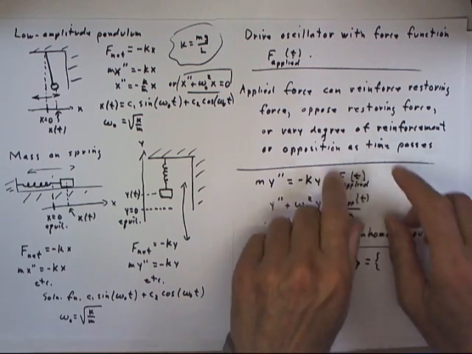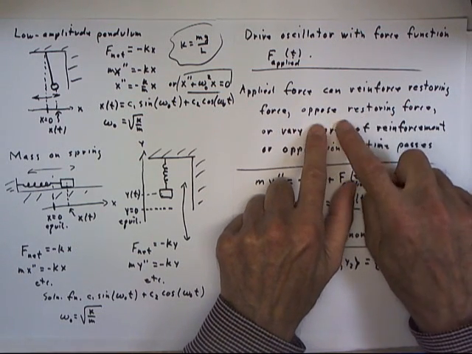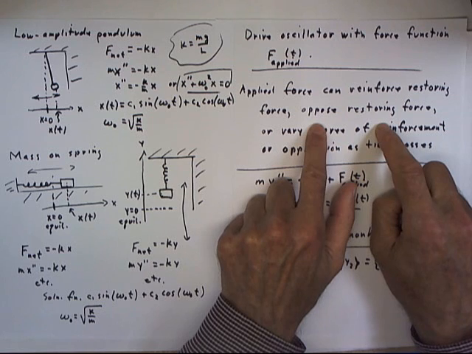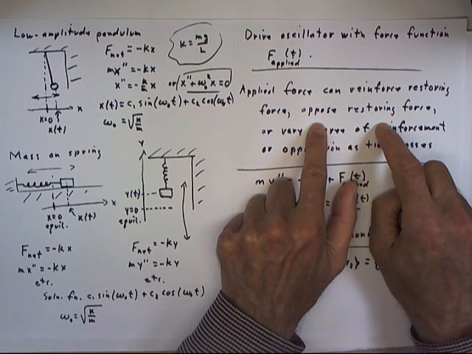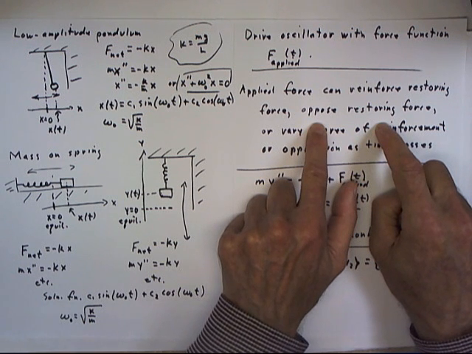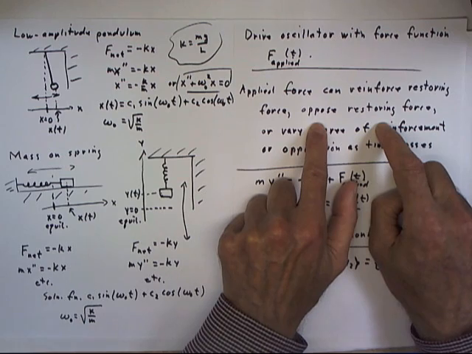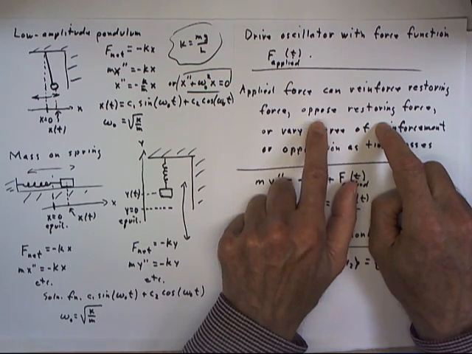So the applied force can reinforce our restoring force or it can oppose our restoring force. If we get out of sync in driving that swing or whatever system it is we're trying to drive, we're not going to be very effective, and we could actually end up messing up the oscillation quite badly.